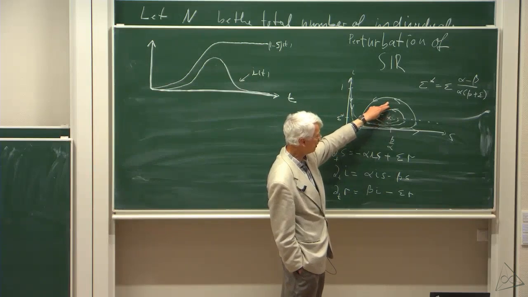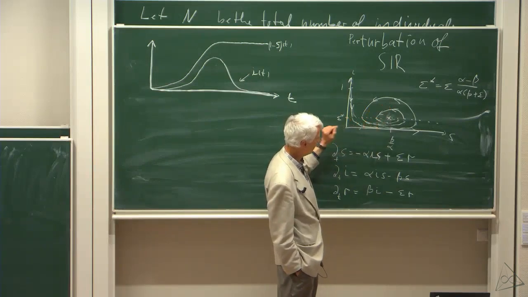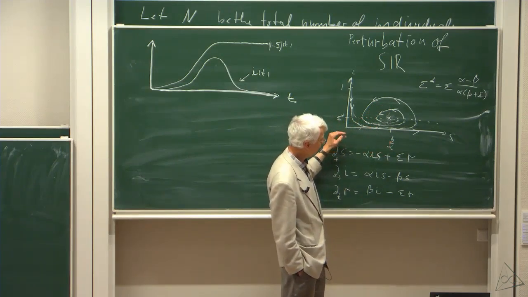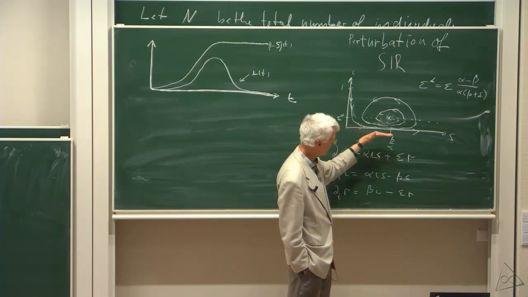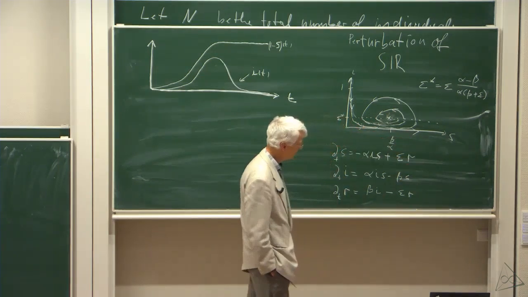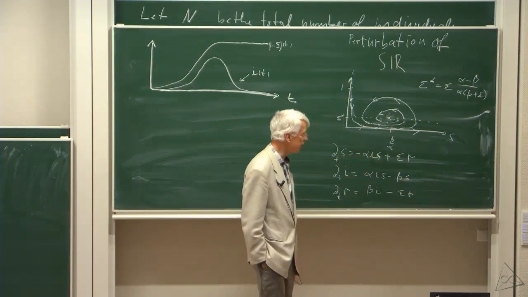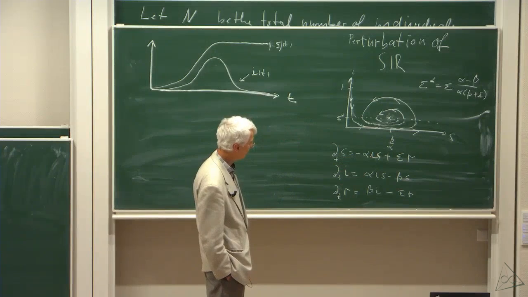That's really the epidemic trajectories. But what is changing is that now you have a slow motion, which, for instance, if you start for any s and I equal to 0, will move you to the value s equal to 1, just because you have a positive term sitting in there.